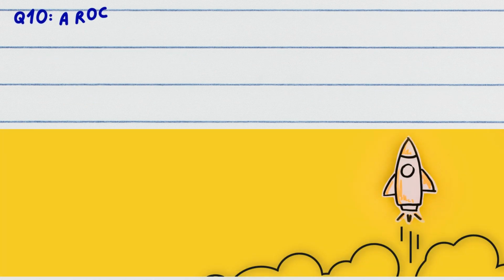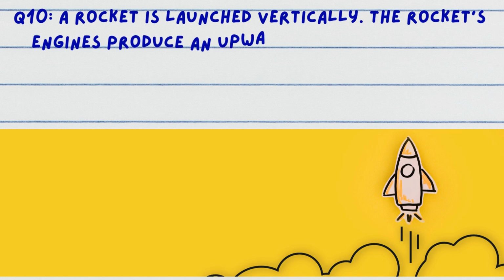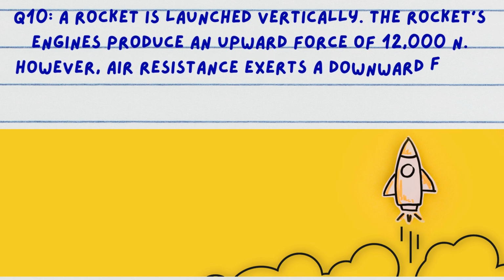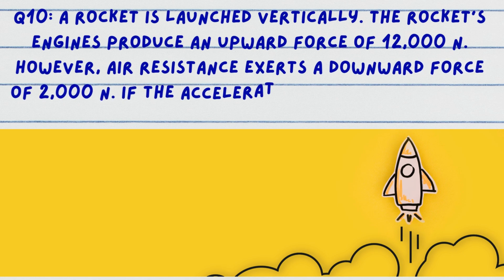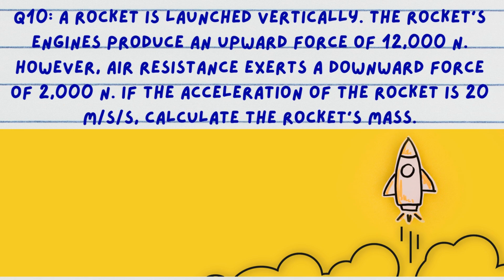Question 10. A rocket is launched vertically. The rocket's engines produce an upward force of 12,000 newtons. However, air resistance exerts a downward force of 2,000 newtons. If the acceleration of the rocket is 20 meters per second squared, calculate the rocket's mass.